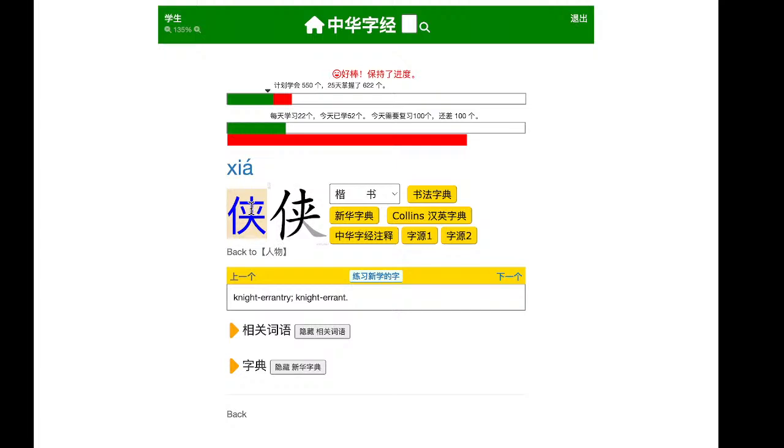Or vigilante justice. Those sorts of characters are called 侠. 烈 means raging or violent. It could also be staunch and upright, bright and strong, stern and severe. So these are kind of traits, basically just hardcore.